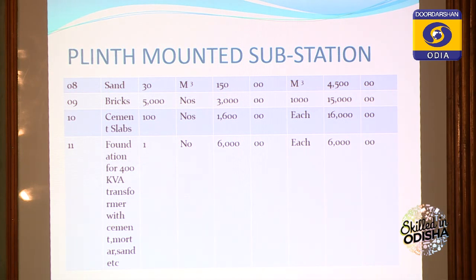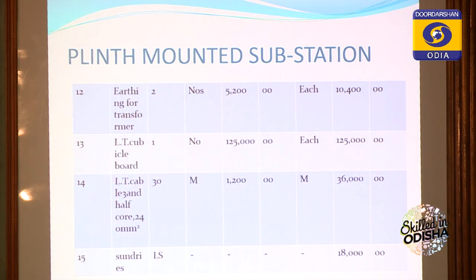So for 5,000 bricks we require 15,000 rupees. Cement slab, 100 numbers required, for each 1,000 it is 1,600. So for 100 it is 16,000. Foundation for 400 kVA transformer with cement, mortar, sand, will cost 6,000.